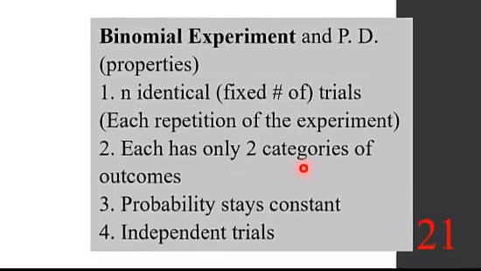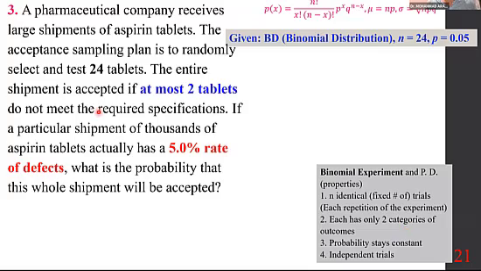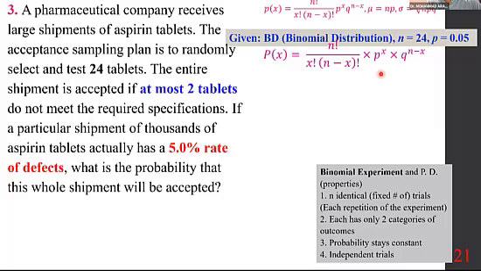All right, so having said that, the entire shipment is accepted if at most 2 tablets do not meet the requirement. That means we are interested in the probability of X less than or equal to 2. That's really the idea. So let us write a couple of things. Using this formula, plug in the N value and the P value.